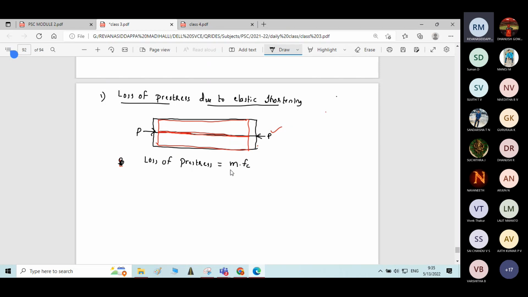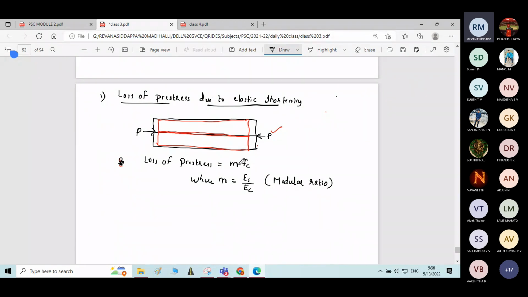Okay, what is modular ratio? Modular ratio is the ratio of Young's modulus of steel to that of Young's modulus of concrete. So the material property is nothing but the modular ratio.